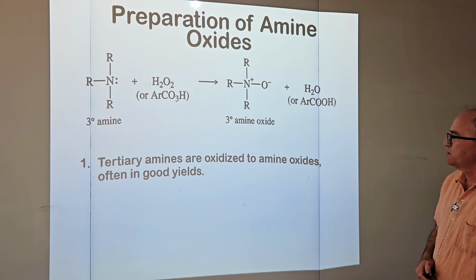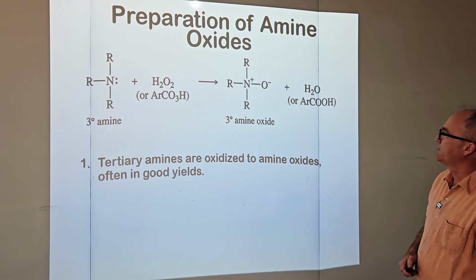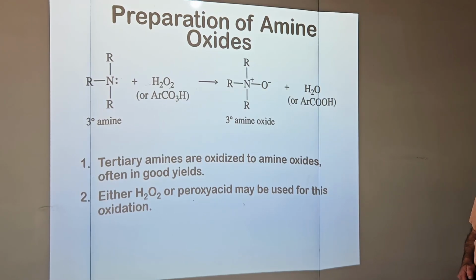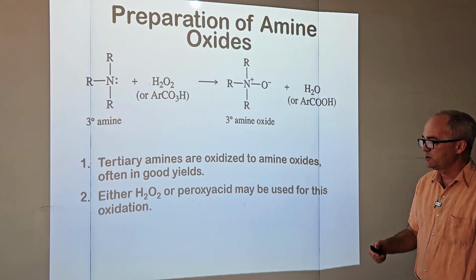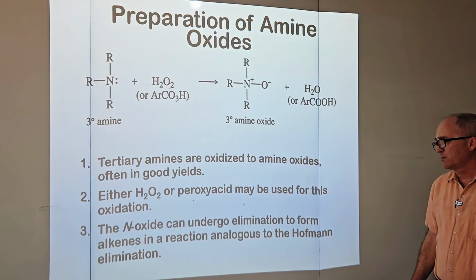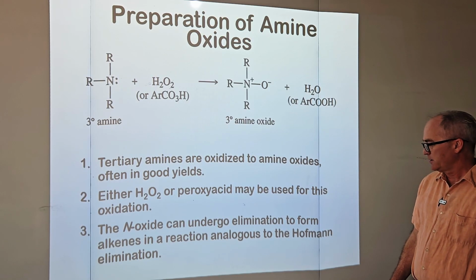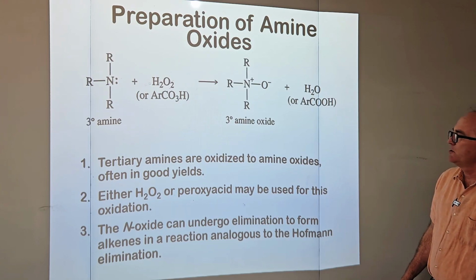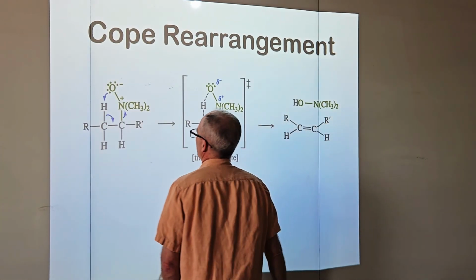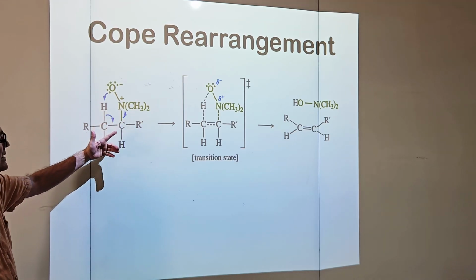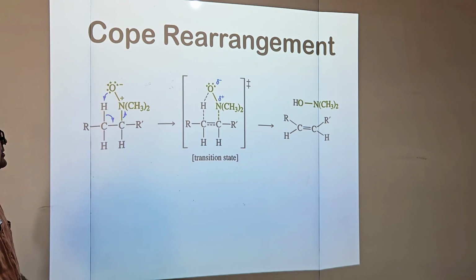Tertiary amines are oxidized to amine oxides, often in good yields. Either peroxide or peroxy acid may be used for this oxidation. The N-oxide can undergo elimination to form alkenes in a reaction analogous to the Hofmann elimination. Cope elimination. Notice we have our quaternary amine, which is kind of like a good leaving group.